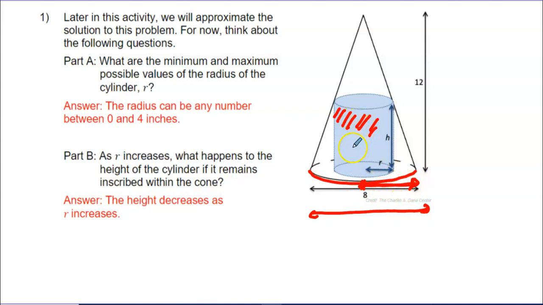And as you see, as the radius increases, the height would have to make way for it. And so, for example, if the radius is somewhere here, if it increases from here to somewhere there, then the height would have to come down to make way for this radius as it increases.